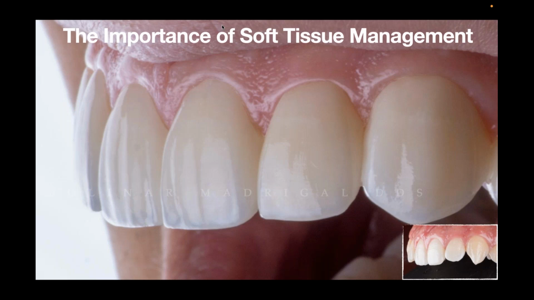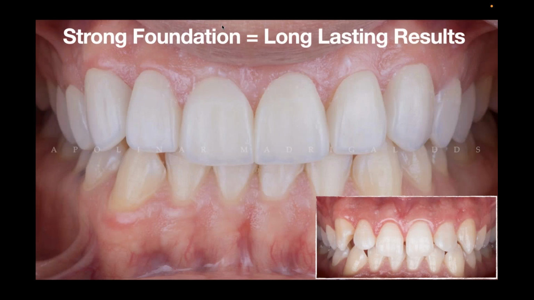So we want to ensure that we have healthy soft tissues in order to prevent any chronic systemic inflammation, that we prevent any aesthetic failures, and overall that we just maintain that patient stable throughout their lifetime. So like we said, a strong foundation is going to give long-lasting results, and that is what you want. The gums, that gingiva, and the teeth together is what forms that aesthetic smile.